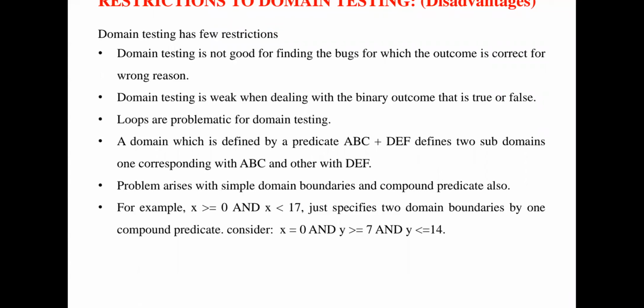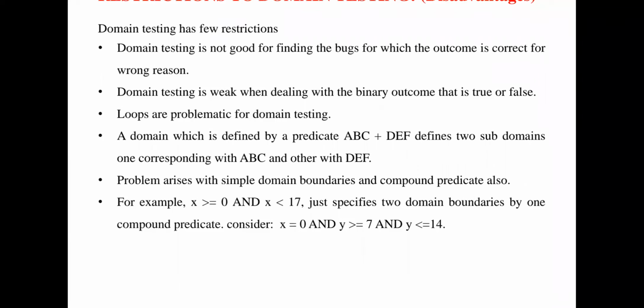Next, a problem arises with simple domain boundaries and compound predicates also. The boundaries which you give to a variable can be a problem. Simple boundaries are normal. For example, x greater than 0 and x less than 0 can be executed because it is performed on a single variable only. When you give conditions like x equal to 0, x greater than y, y greater than 7, you are performing on two variables.